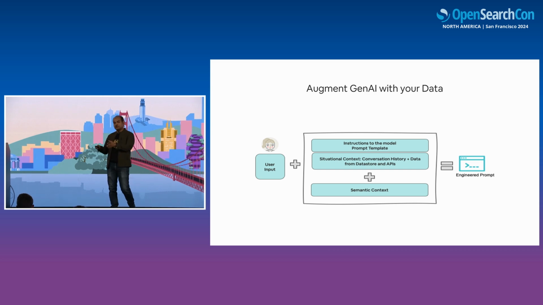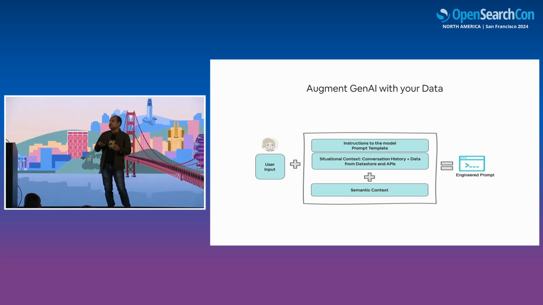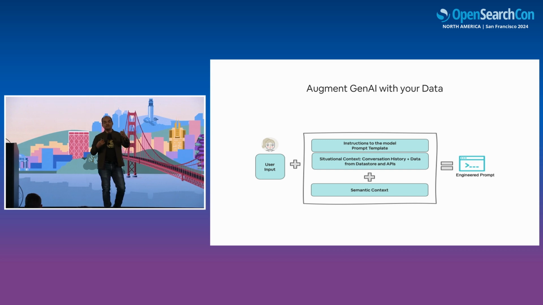So you start with the user input, which is basically a prompt in its first form, and then you couple it with the situational context you have, the conversation history the user is having with the large language model. But that's not enough. You need to give the large language model the information about your organizational data.